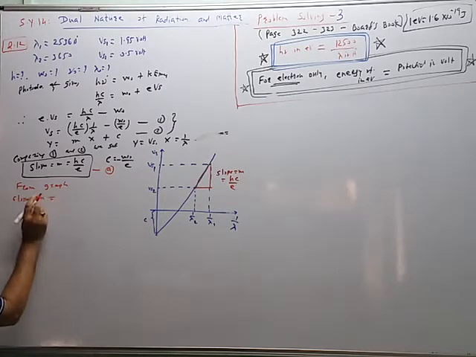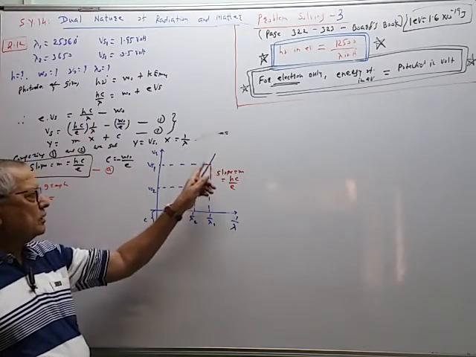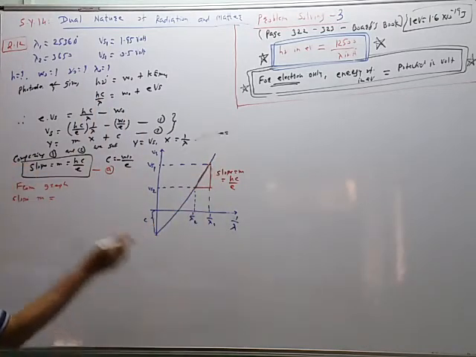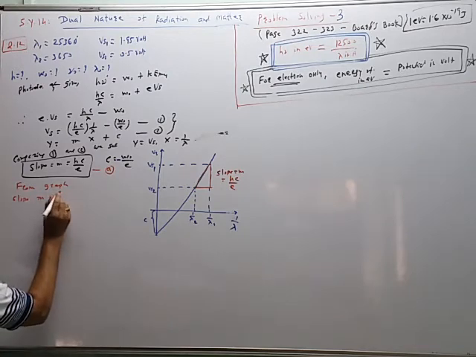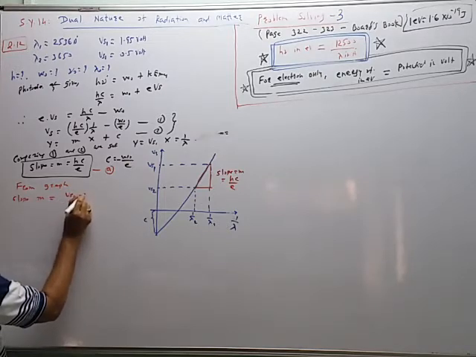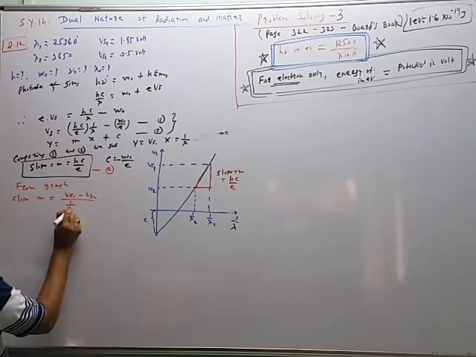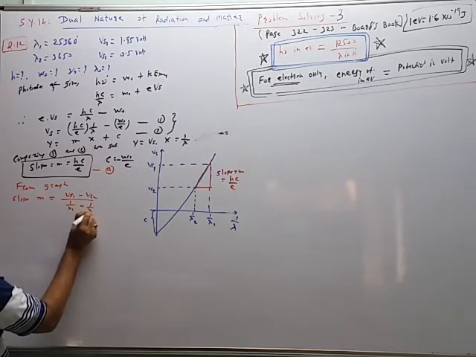Slope m is equal to y2 minus y1 upon x2 minus x1. So m is equal to Vs1 minus Vs2 upon 1 upon lambda 1 minus 1 upon lambda 2.